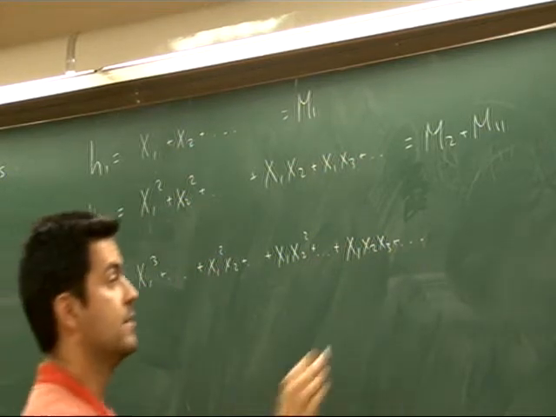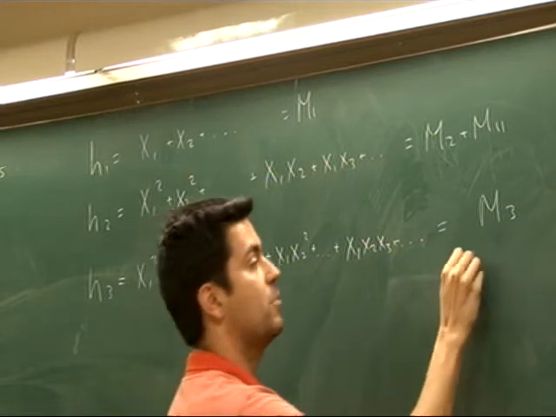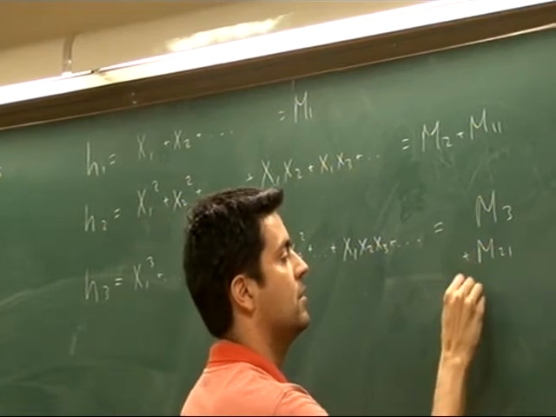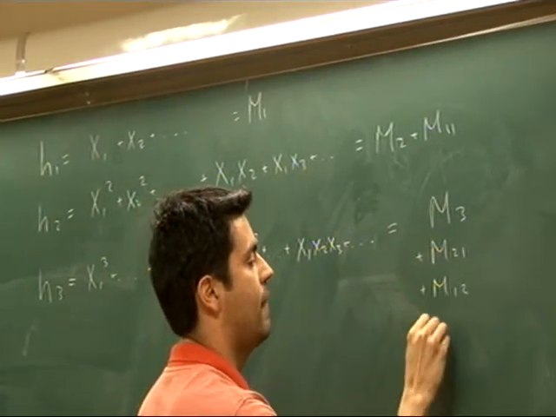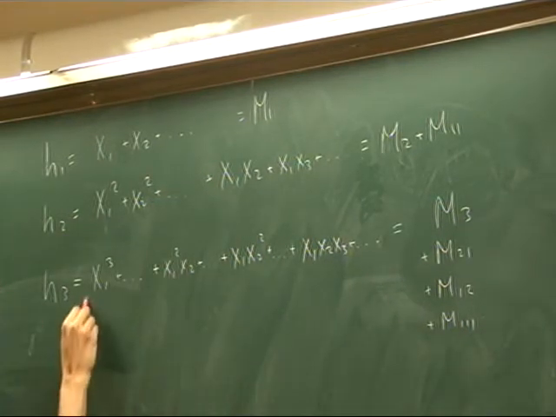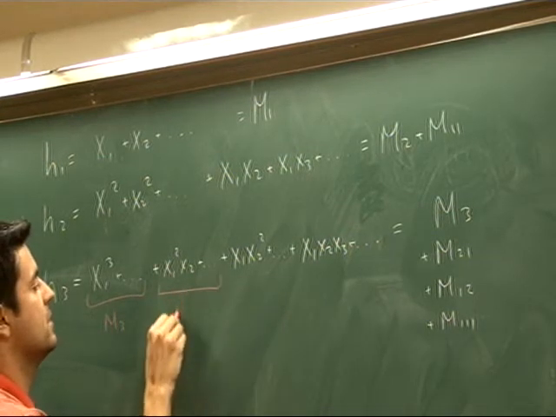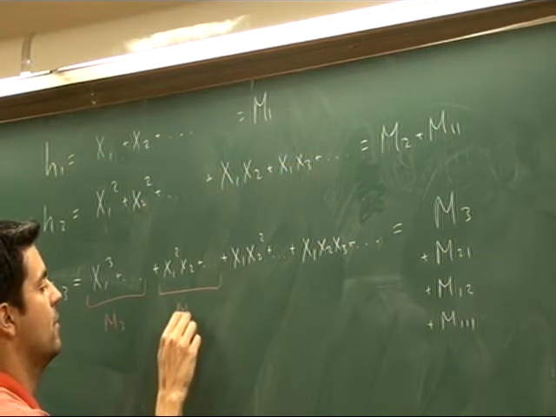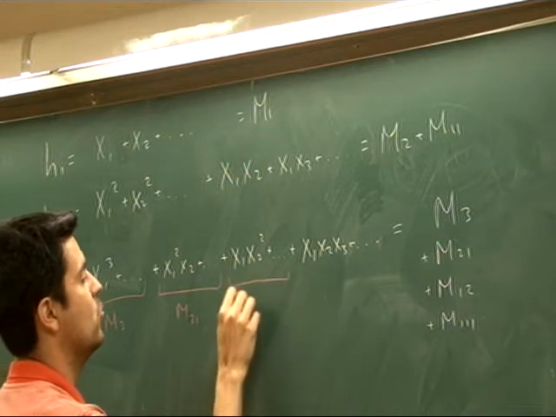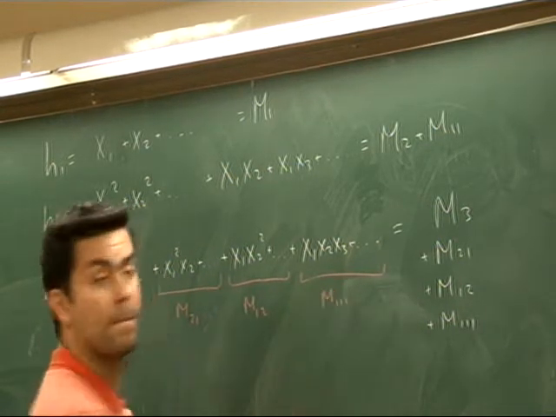Okay? And this is the same as m3 plus everything that refines it. So plus m21, m12, m111, where your m3 is this, your m21 is this, your m12 is this, and your m111 is this.